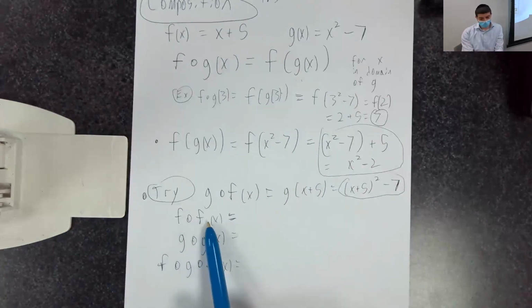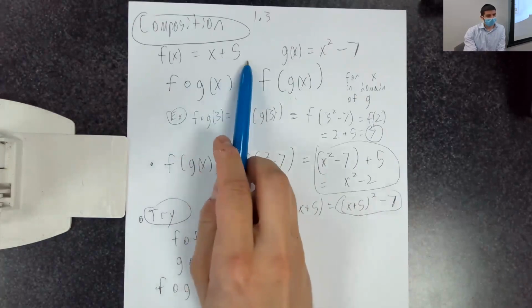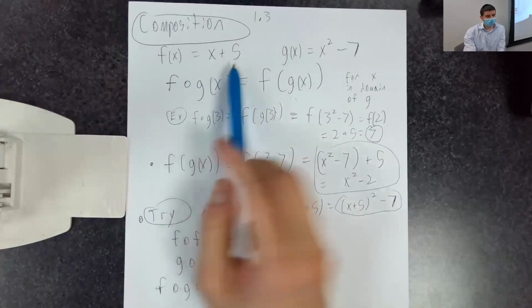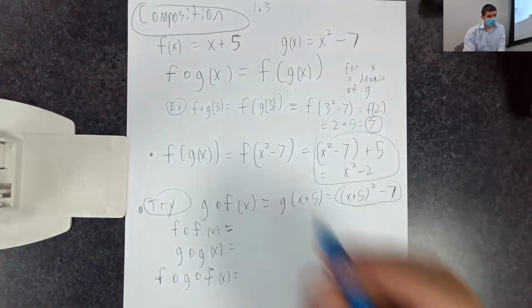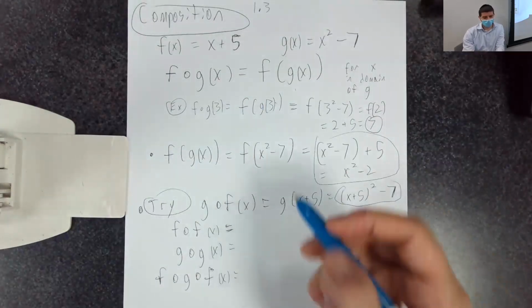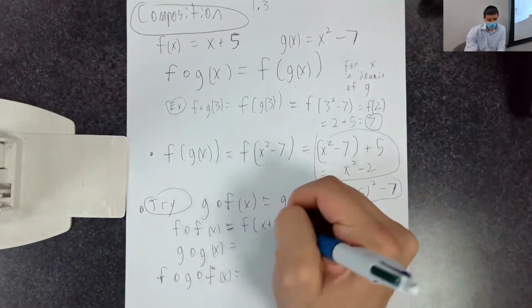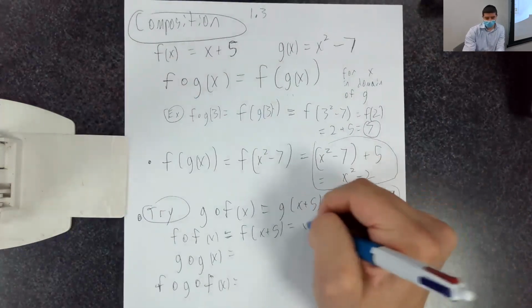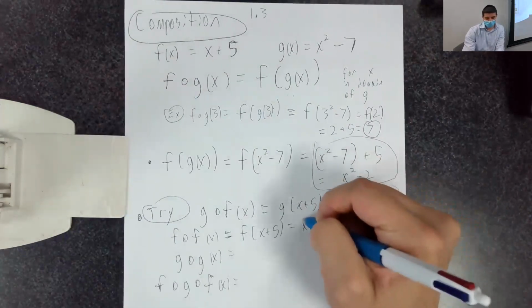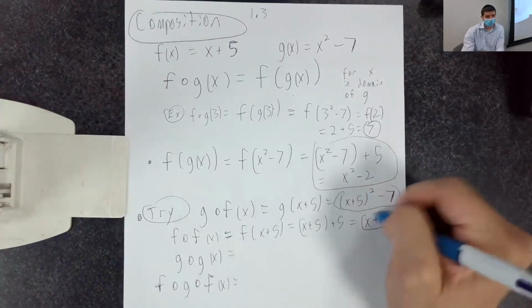So f of f, it's x plus 5 here. Did you see that? It's 5. It's a 5, yeah. x plus 10 then. Oh, you were thinking of 9? Did it look like a 9? Okay. Yeah, if it was a 9, then you're right. So f is x plus 5. So I'm plugging in x plus 5 into f. So it's exactly x plus 5 plus 5, x plus 10. Good.